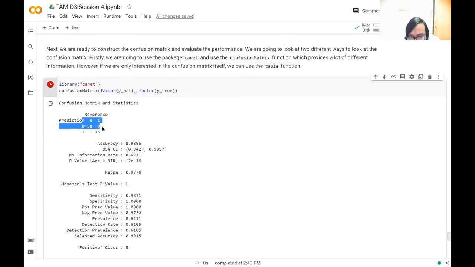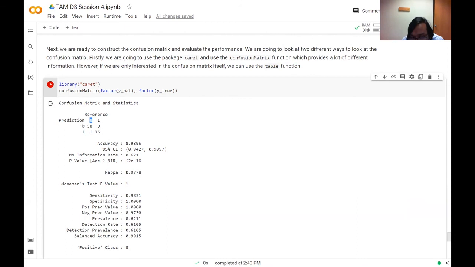And this matrix here is basically the confusion matrix. If you look at the rows, the row 0 corresponds to those observations that were predicted to be zeros. The row 1 corresponds to those observations for which the predicted value was considered to be 1. And the reference are the true values.